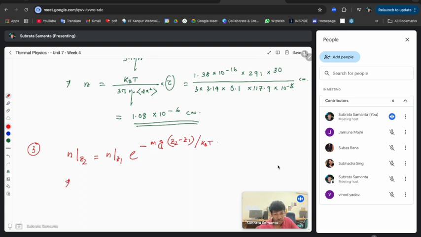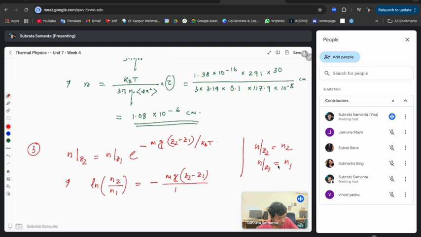If we take log on both sides, log base e, so ln of n at z2, which I will call n2, over n at z1, which I will call n1, is equal to minus m g (z2 minus z1) over kBT.